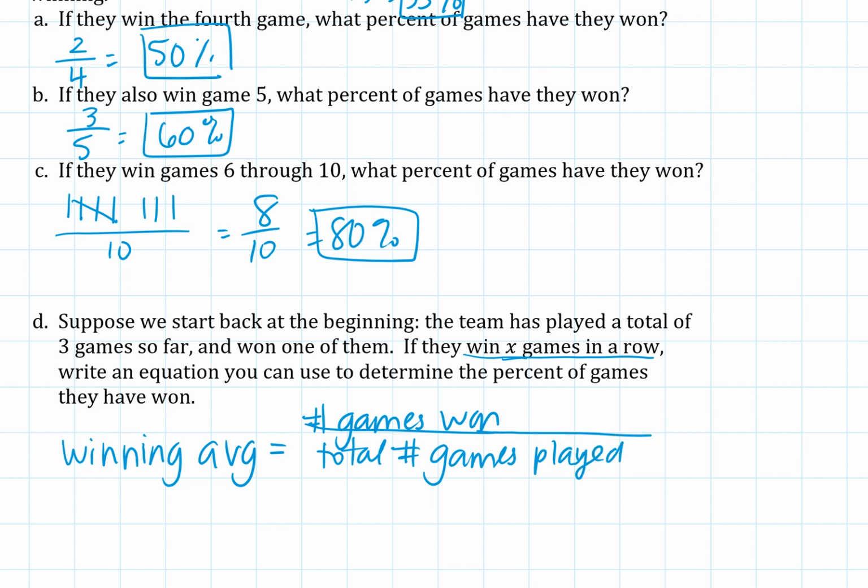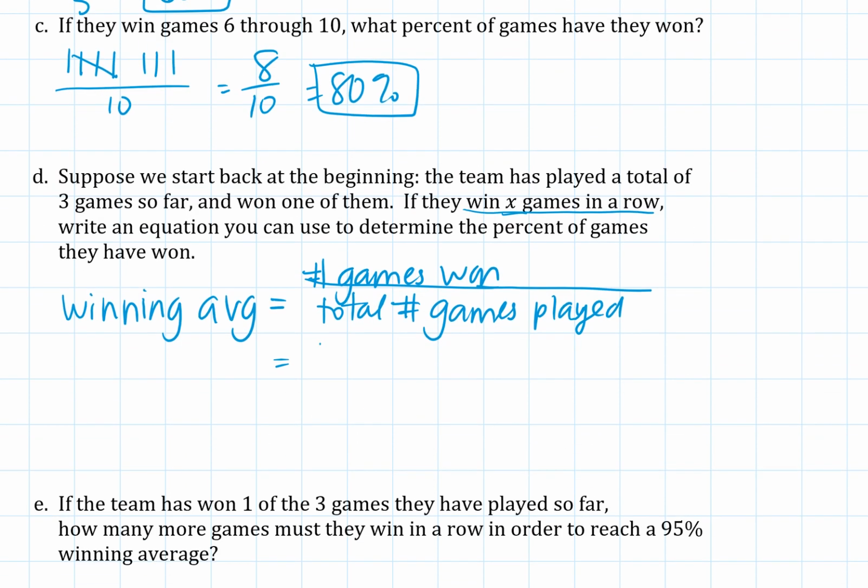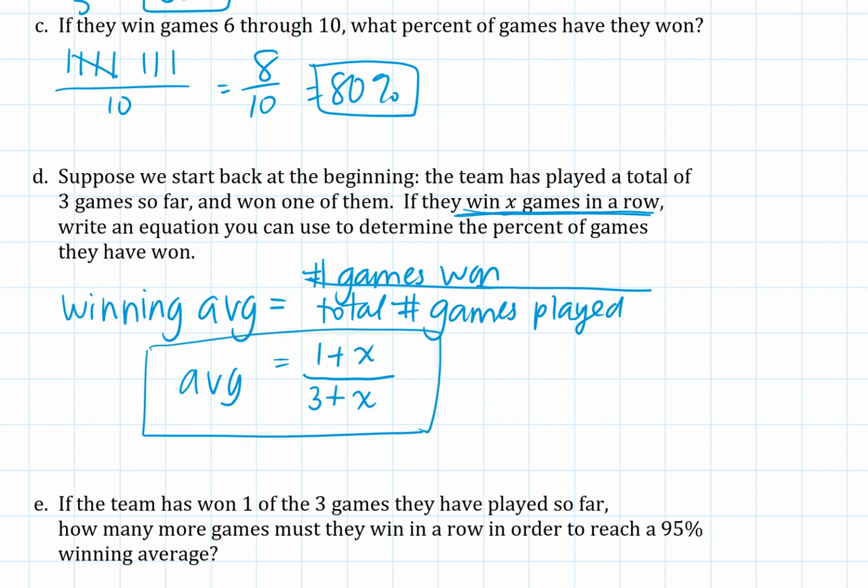This is saying that you've won 1 game so far, plus you win an additional X games. X is the number of games you play in a row. Now you've played a total of 3 plus X. We're adding the same number because you keep winning, and every single game you play is also a game that you win. So we're adding the same value in both cases. We're done here because the question just asked us to write an equation.